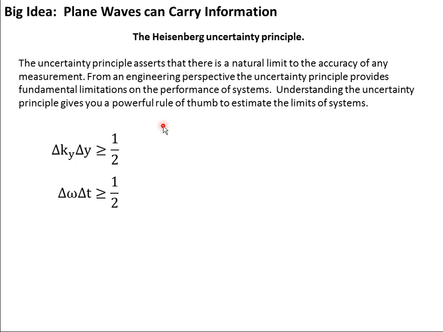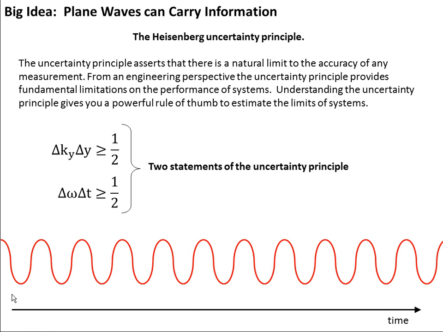Well, this is pretty simple, so let's look at this second case right here. How accurately you know the radial frequency and how accurately you know the time have to be greater than 1/2. How does this work? Essentially, let's take a wave, and if we assume the wave is infinite and I want to calculate the frequency, I'm going to pick this point on the wave and this point on the wave, and count the number of cycles in between, and because I've got a long measurement in time, that measurement's going to be pretty accurate.